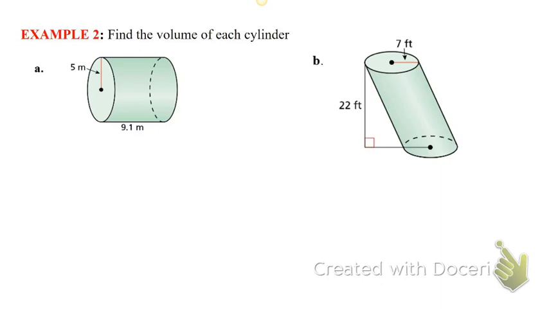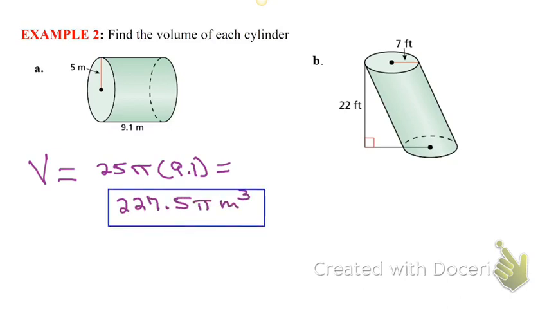So again, this cylinder is lying on its side. So the height of the cylinder is 9.1 meters. So your volume is going to be the area of the circle, which is 5 squared times pi, which is 25 pi, times your 9.4. Now, that gets us to the exact value.